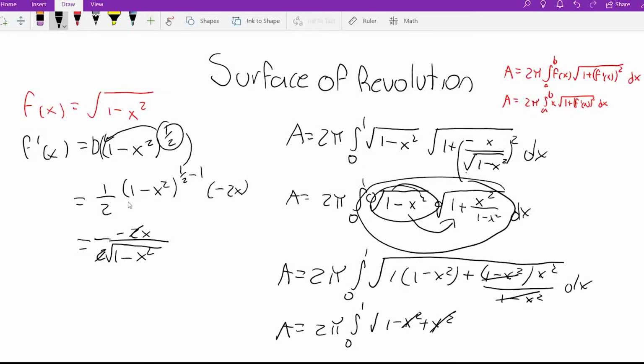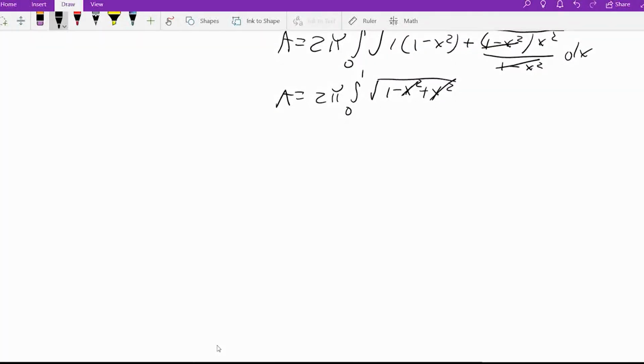They are going to cancel out, so we have now that the area is going to be 2 pi from 0 to 1, and the square root of 1 is 1, so times the x.